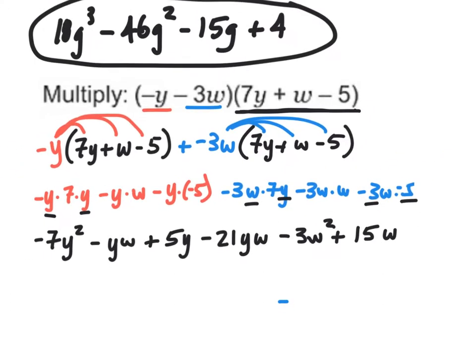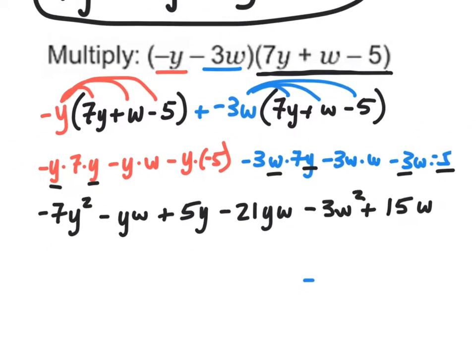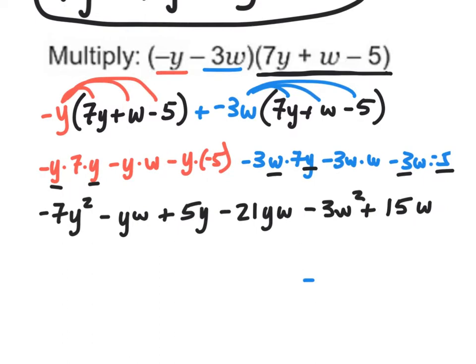Now we've got quite a few terms here, and I'm trying to figure out which ones we can combine. The only ones that I can see that we can combine are this negative yw and this negative 21yw. And that's it. So I'm going to write it like this. I'm going to do negative 7y squared minus, I'm going to combine these.